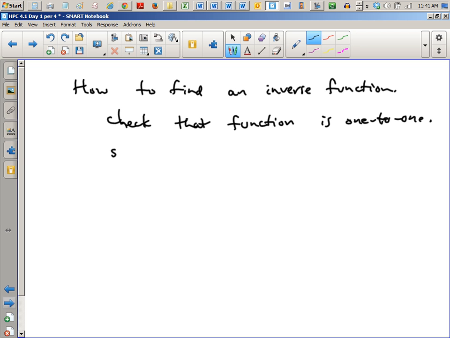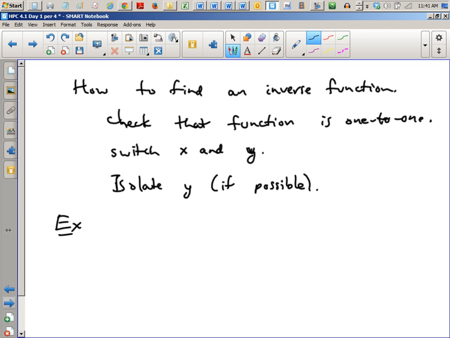And then you're going to switch x and y, and you're going to isolate y, if possible. Okay, for example, let's say you're given, find the inverse function. That's, by the way, f minus 1 of x.